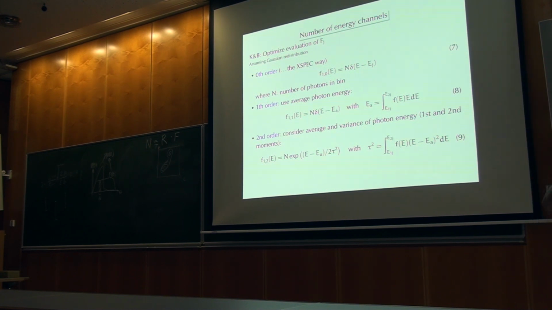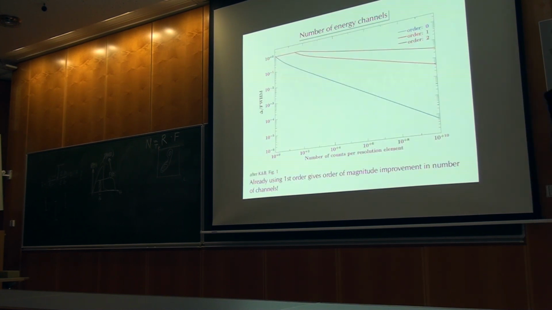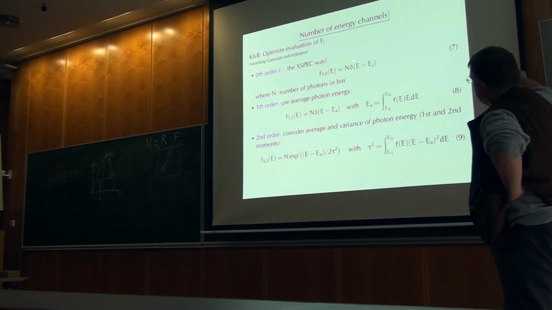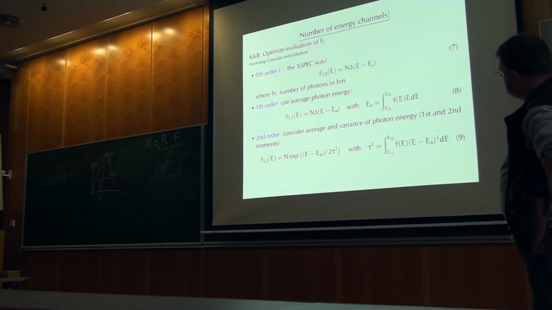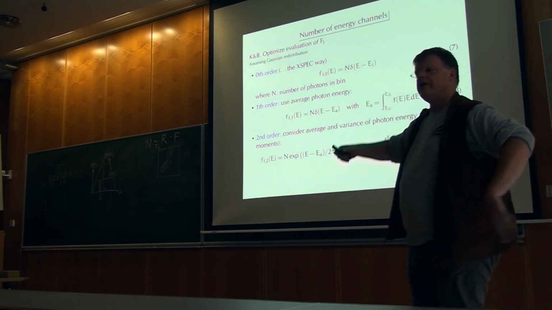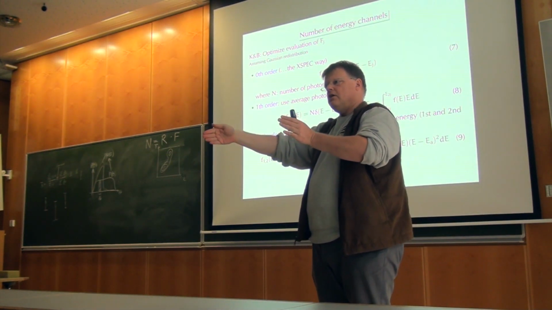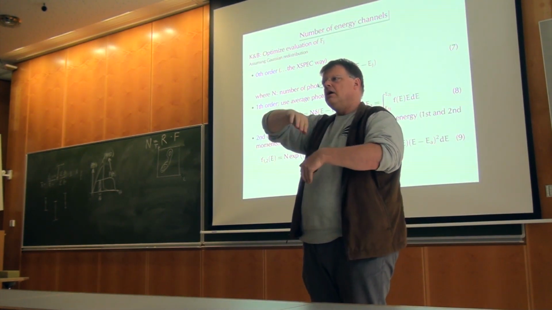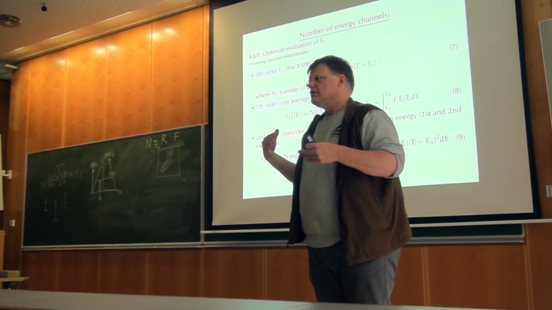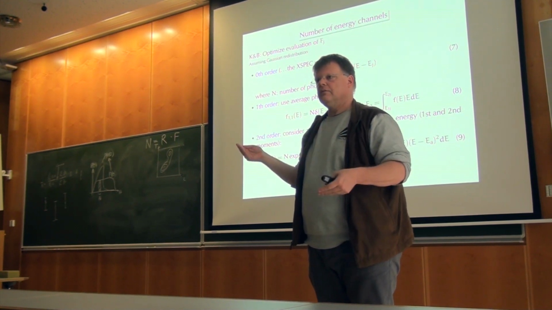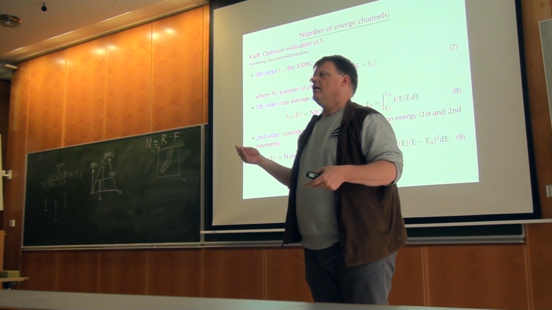This is what I'm trying to say here. Now if you know this, so if you know where the energies are, you can then place your grid such that you can always choose an optimal evaluation of the function. That will depend on other parameters of your instrument. For example, it will depend on the effective area.